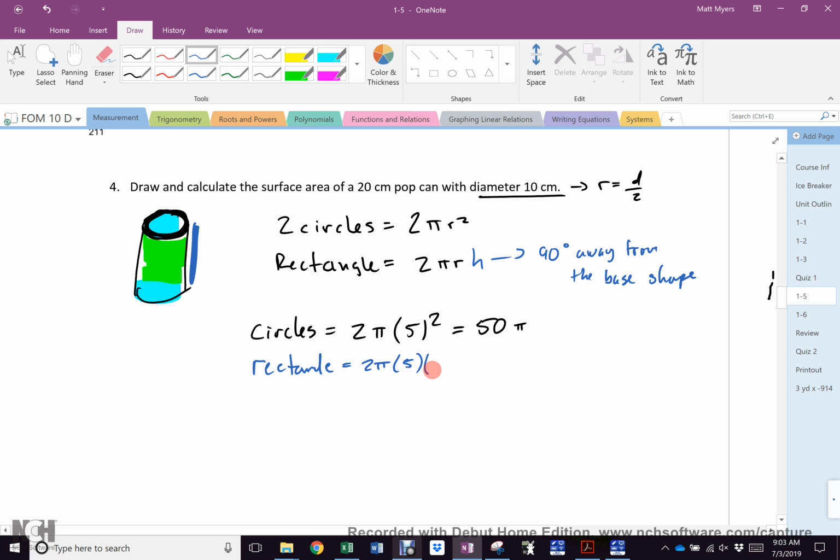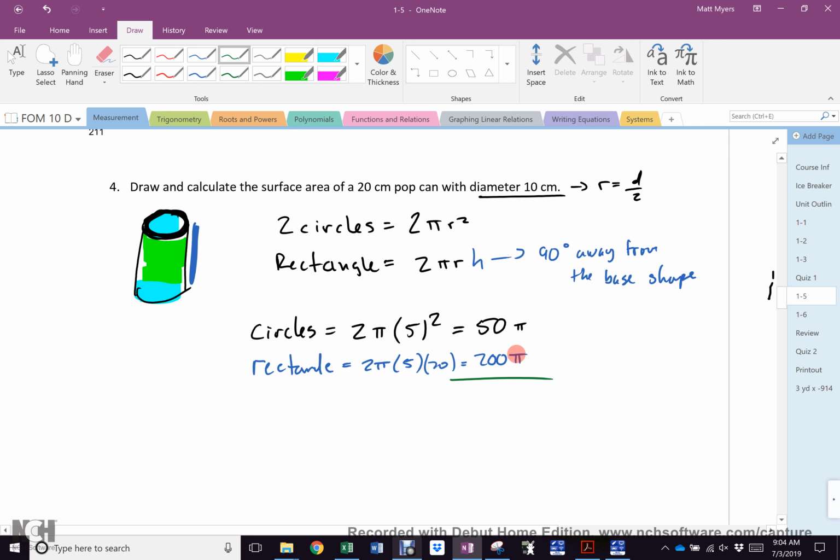Read the question. 20. And we're going to do this like we're big math kids. What's 5 times 20? What's 100 times 2? 200 pi. Then what do I do to get my math class answer?